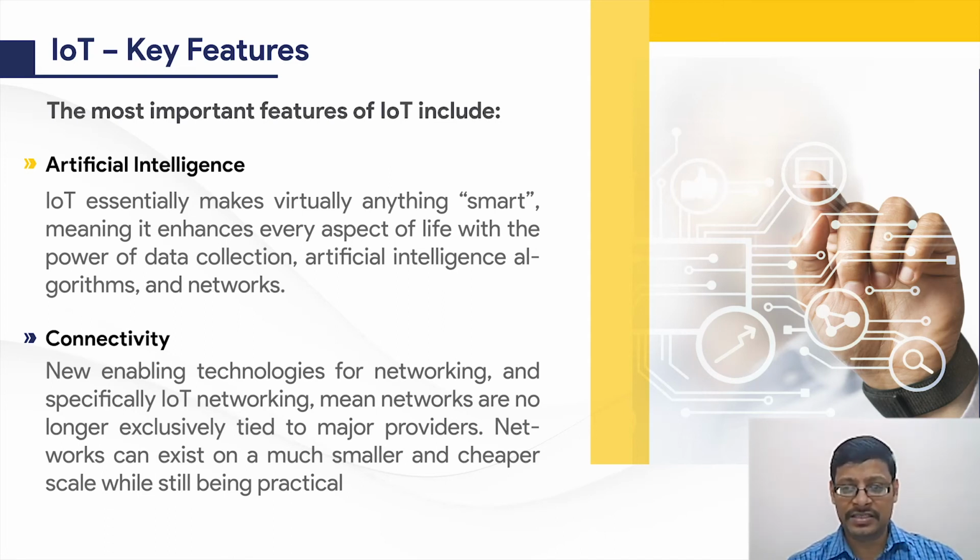And connectivity. When you are transmitting any data from one to another, it enables specific IoT networks, which means that no longer does an exclusive tier of major providers' networks need to exist; it can be at a much smaller and cheaper scale while being practical. So once it is implemented, it becomes very easy to identify the data transmission between one and another. Right.